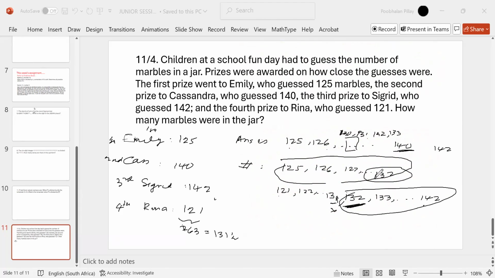So the only number which is in both of these is 132. So you can see that. Yeah, that's the way to do it. So Emily's answer was 125. So she is in that set, and Cassandra will be in the other set. So yeah. Okay. So thanks very much for that.